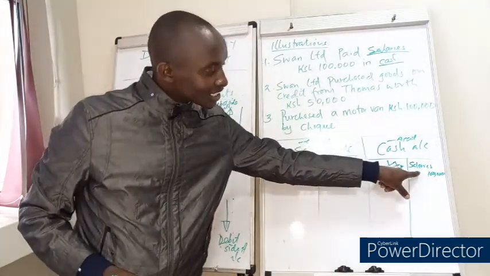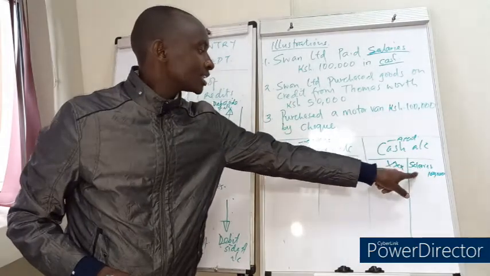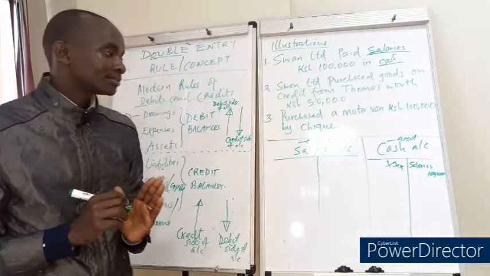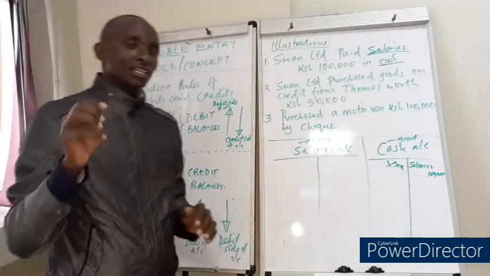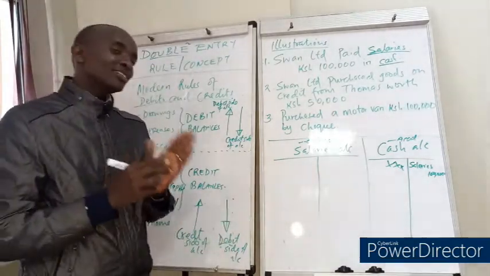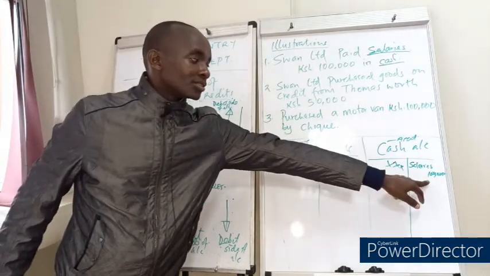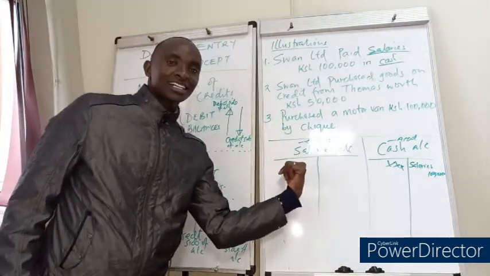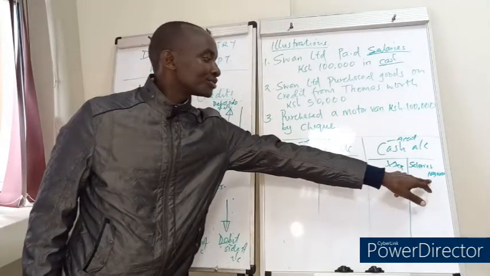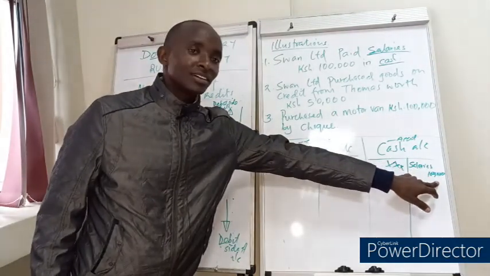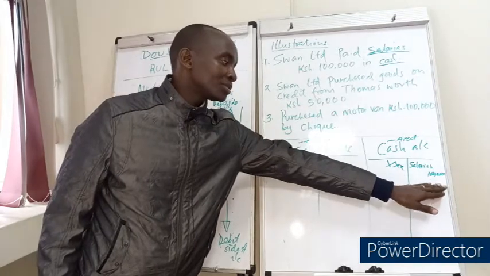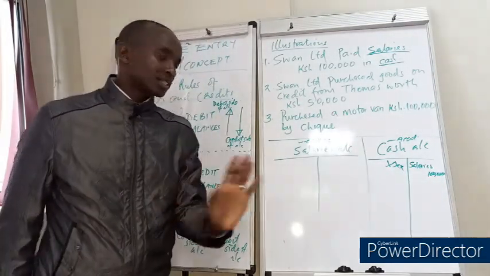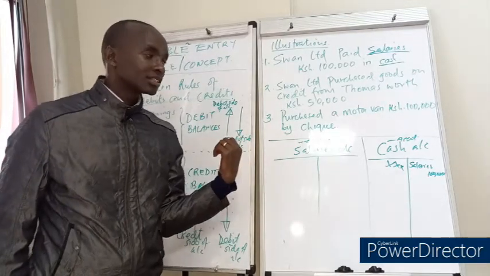Salaries. So here you write the term salaries, because the salaries and cash, that is where the double entry will come to. And remember the concept of double entry. For every credit entry in one account, that must be followed by a corresponding debit entry in another account. So the moment you've identified which part is going to take what, the other account is automatic, it will take the opposite. Are we together?